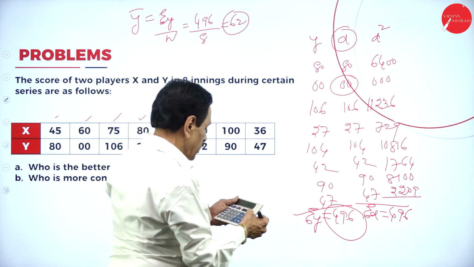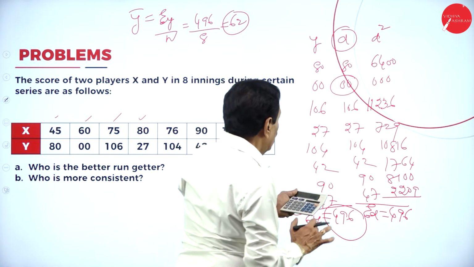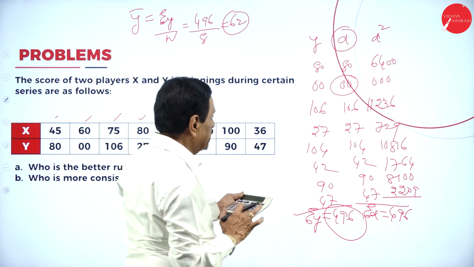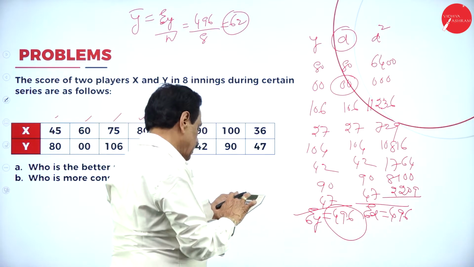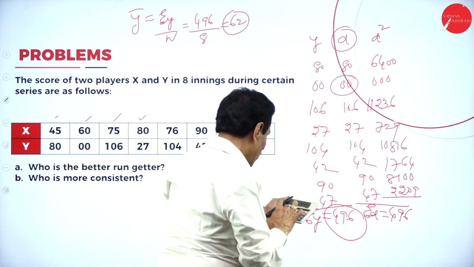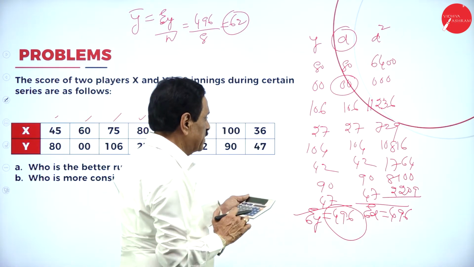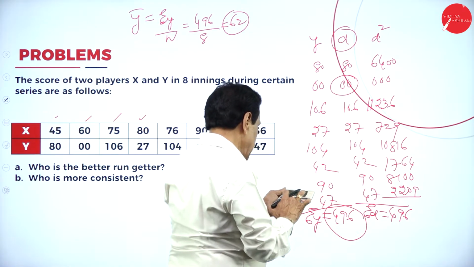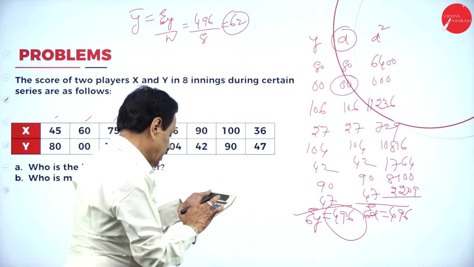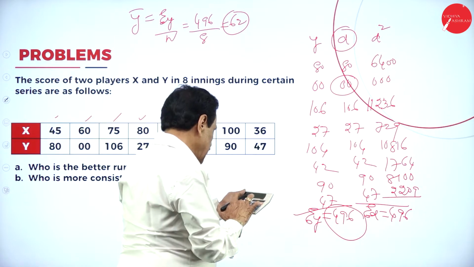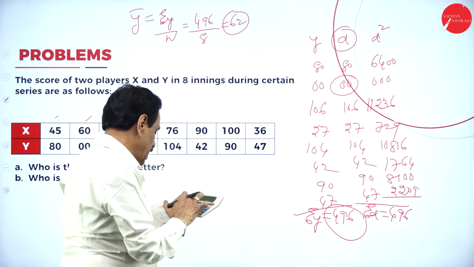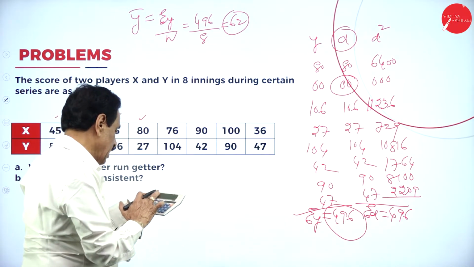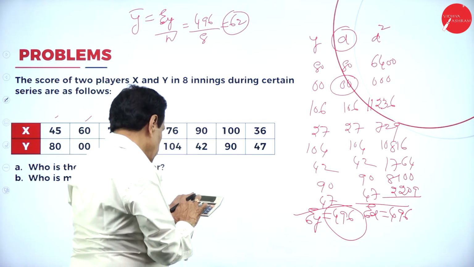So you must add these numbers. 6,400 plus 11,236 plus 729 plus 10,816 plus 1764 plus 8,100 plus 2209.